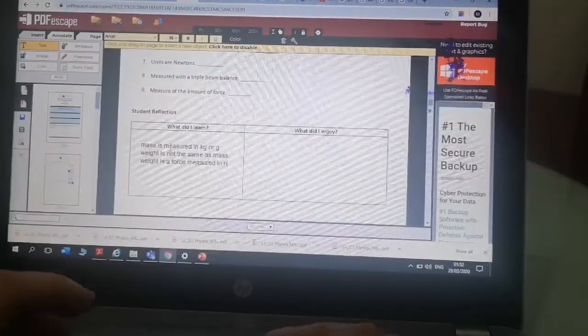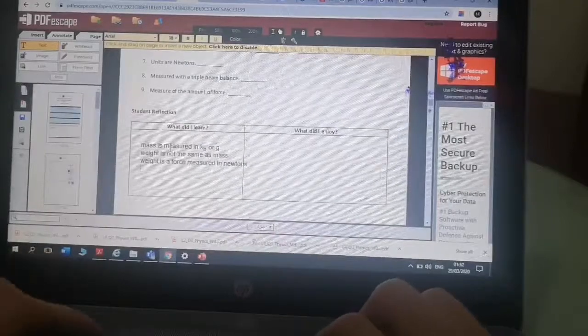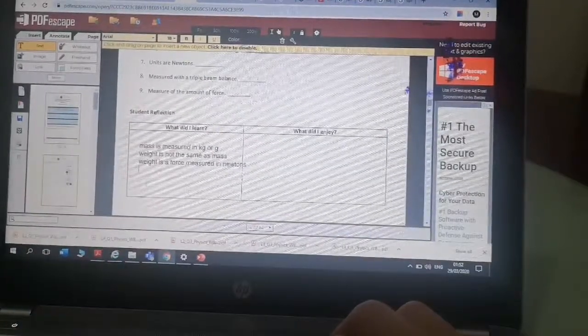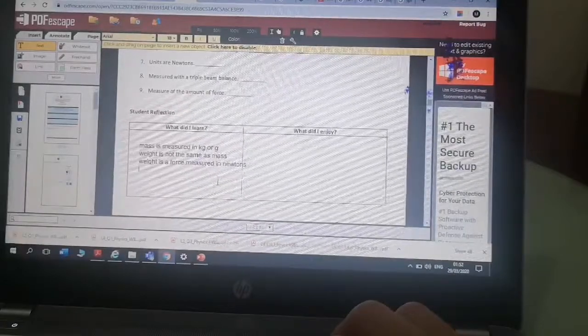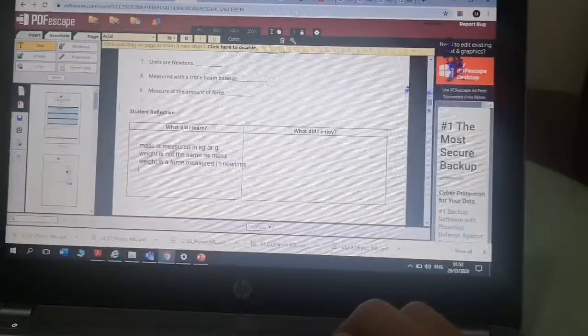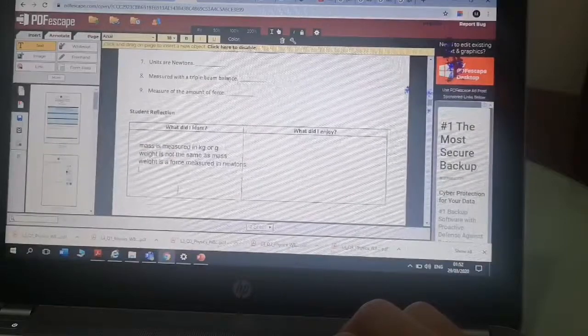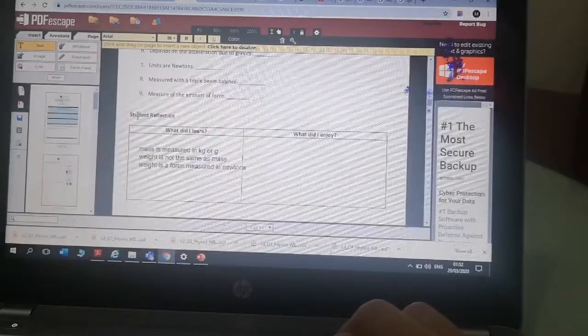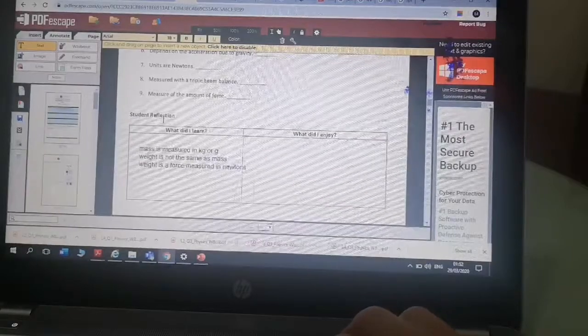Measured in newtons. So just write a few key facts that you learned. You don't have to write everything here. This is just an example. You decide what you think you learned the best today in that little section.